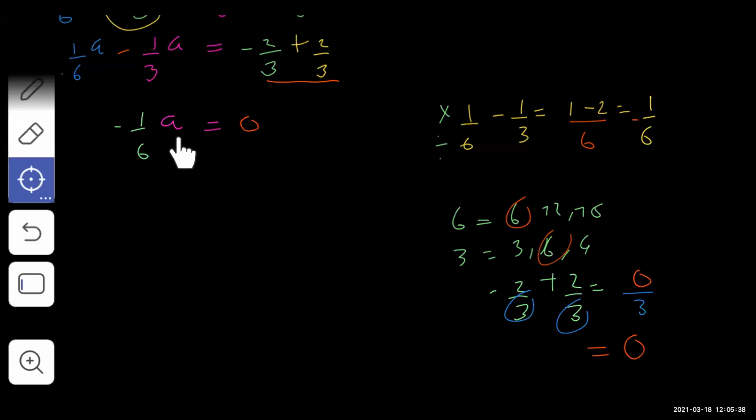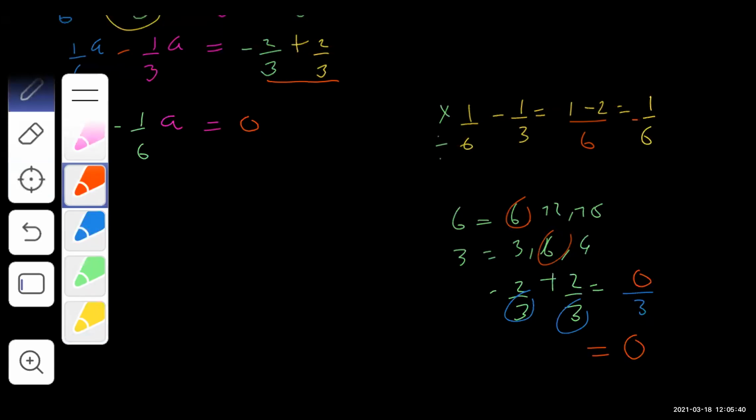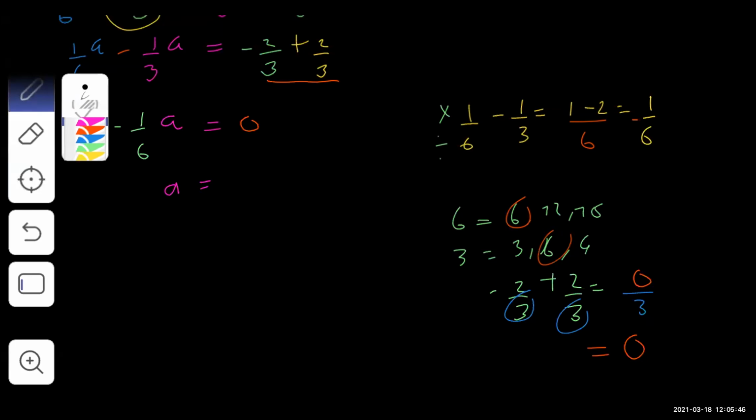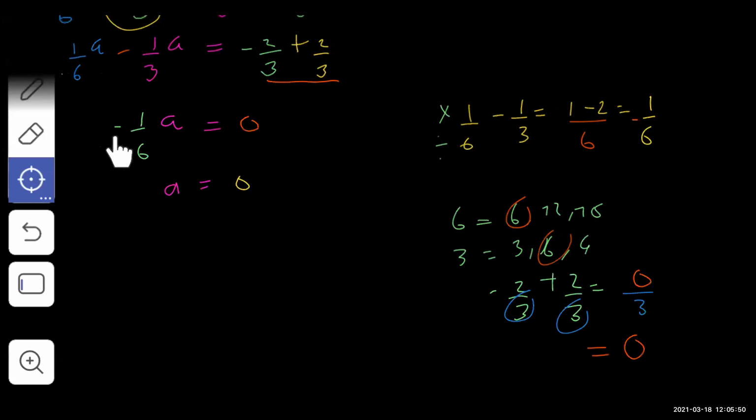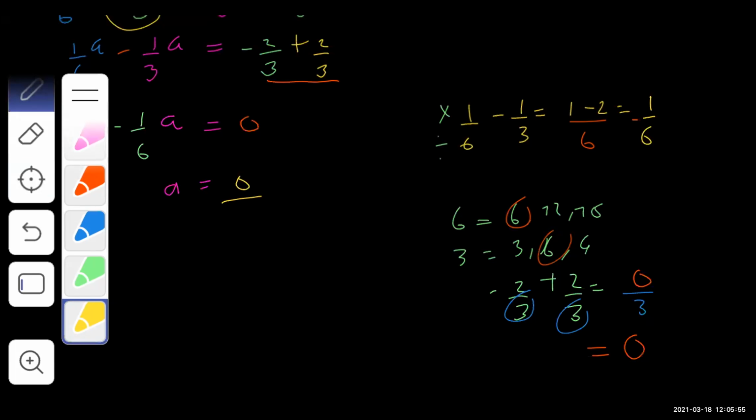Again, A is not alone, guys. Okay, how do we leave A alone? Take a look. I'm going to copy the 0. This negative 1, guys, is multiplying. What is the negative 1 going to be doing on the other side? Dividing. Okay, this 6 is dividing.